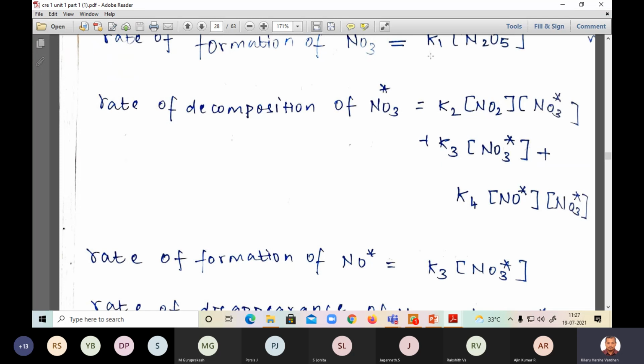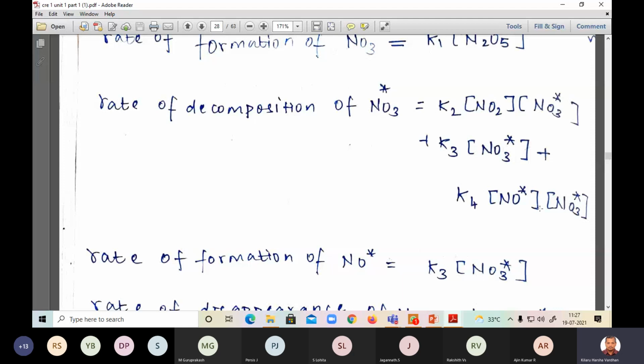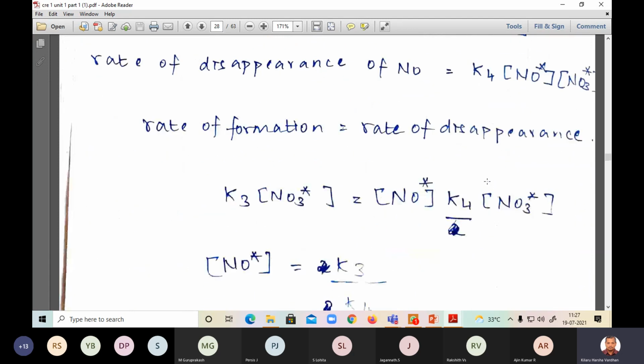If you equate these two, then you get NO3 on both sides. If you take it common and equate, K1 N2O5 divided by K2 NO2 plus K3 plus K4 NO star, it will come. So NO3 star has one more unmeasurable quantity, NO star, right? So that is what you will be writing here.